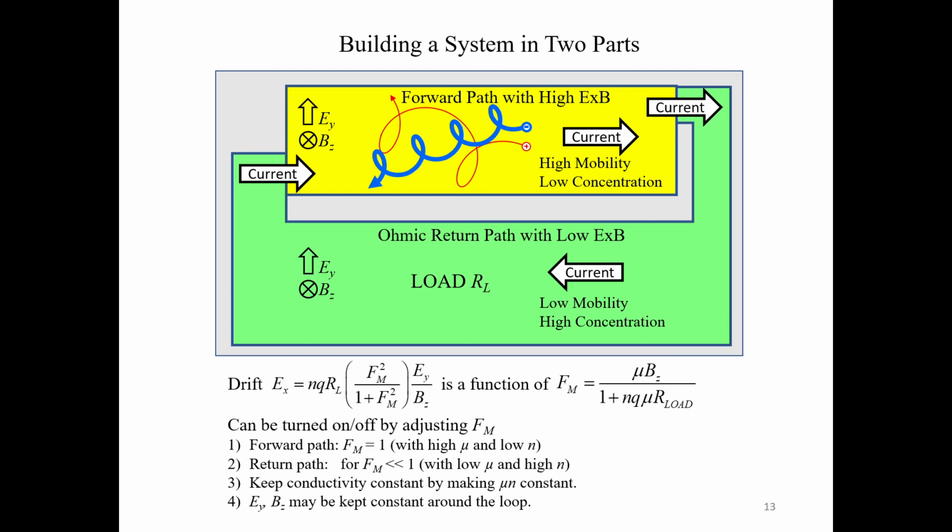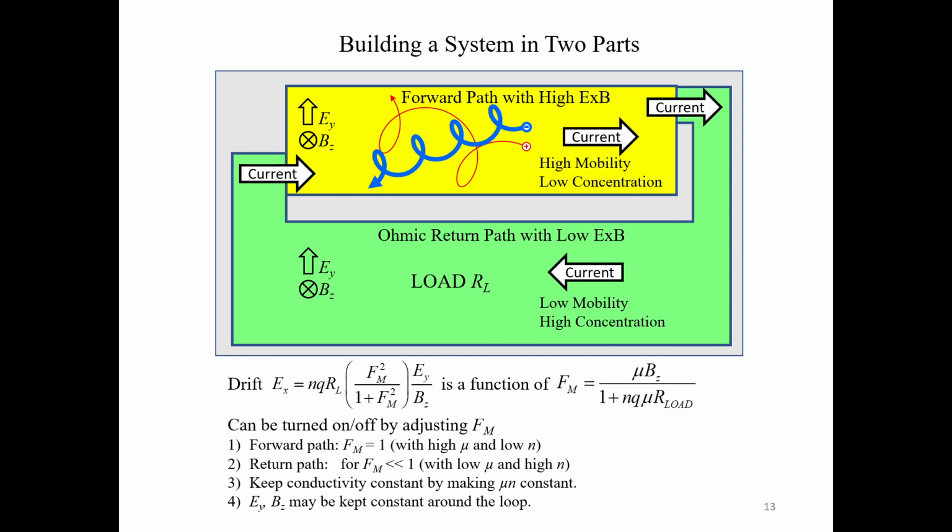Changing Fm requires changing mobility, that is, increasing it in the forward path and decreasing it in the return path. To compensate for the change in mobility, yet keep conductivity constant around the loop, the product of mobility and concentration is kept constant.